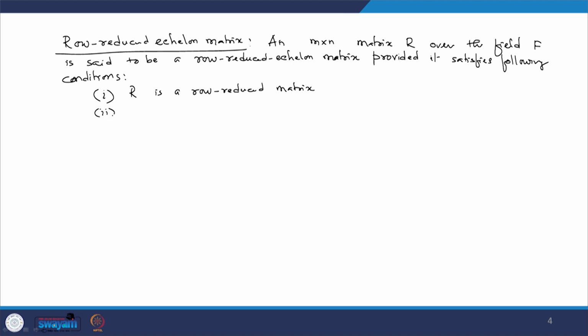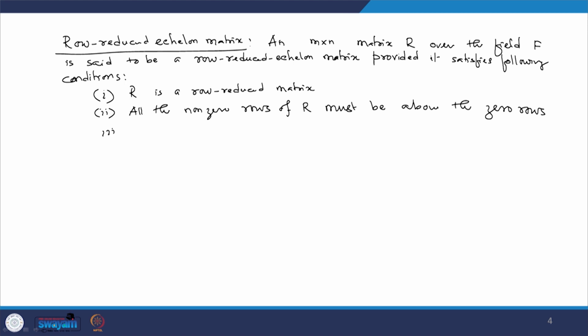Second, all the non-zero rows of R must be above the zero rows.